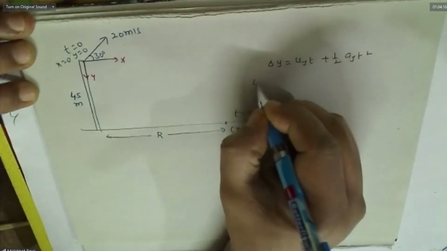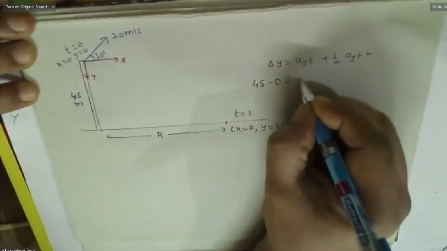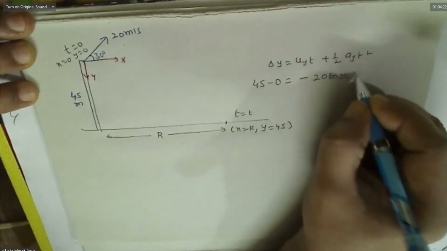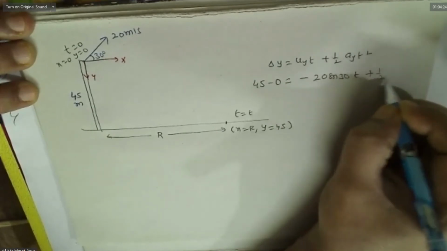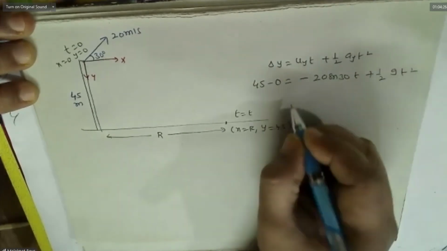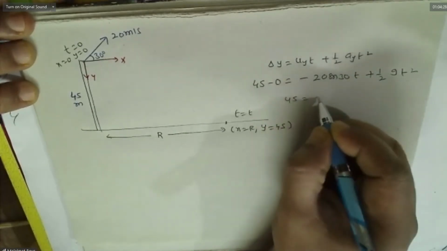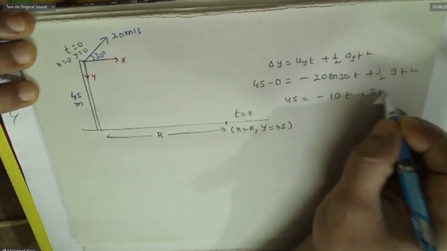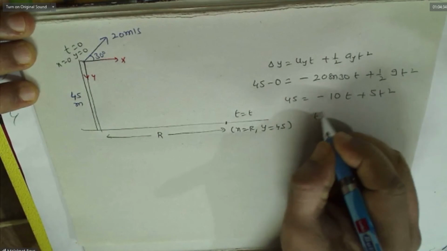Delta y is 45 minus this. Upward is positive, no? Do you agree with this?